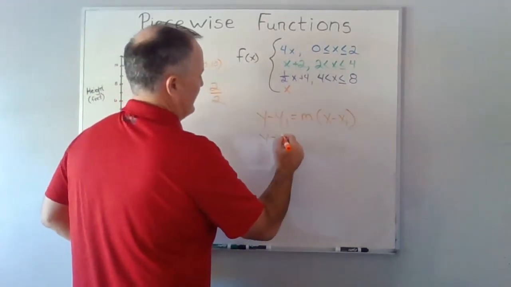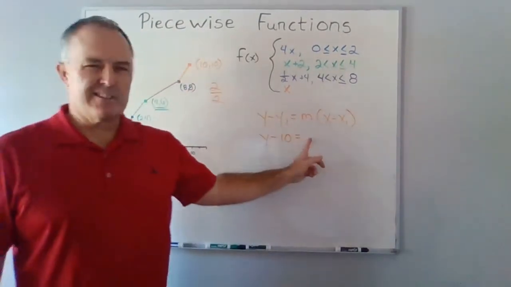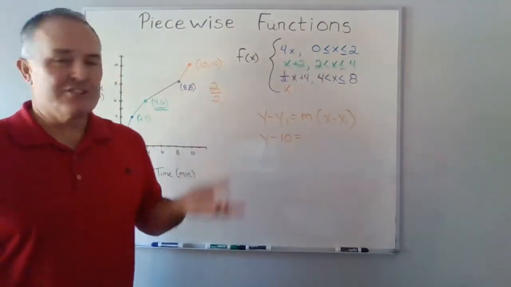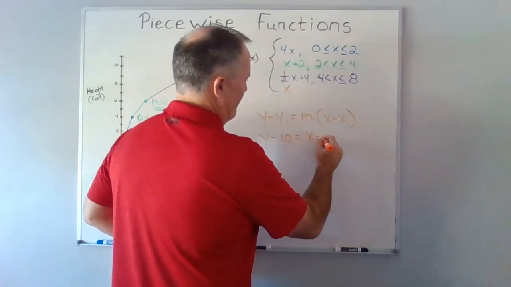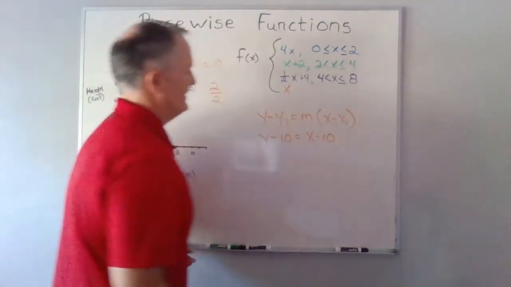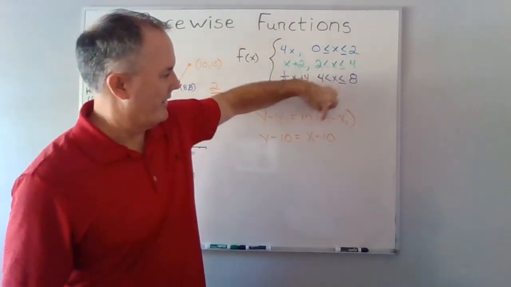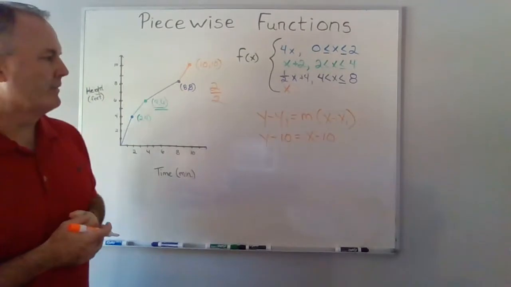Y minus 10 equals, well, wait a minute. If the slope is 1, we already learned the last time, it doesn't change anything. So let's just go right to x minus 10. So we basically eliminated that. Remember, if I put a 1 in there and I distribute it and x minus 10 was up here, it wouldn't change anything with being a 1.